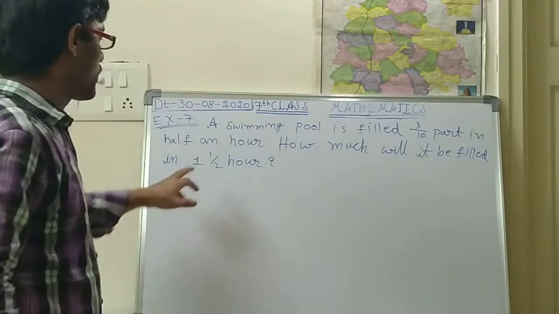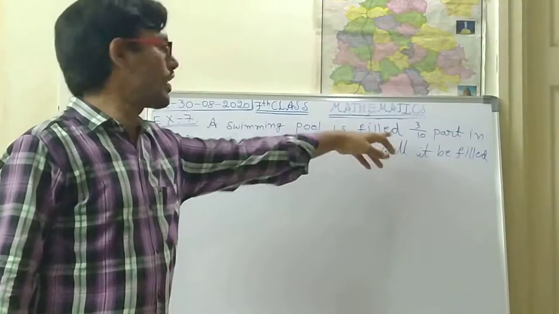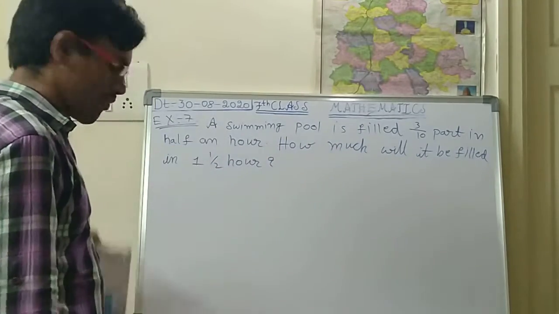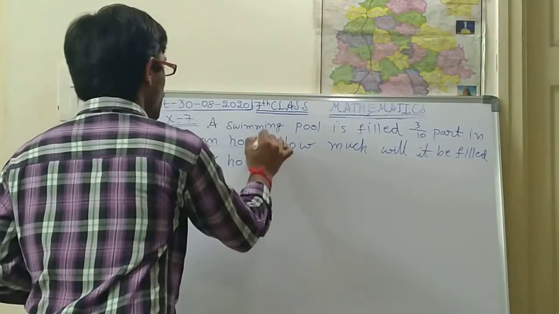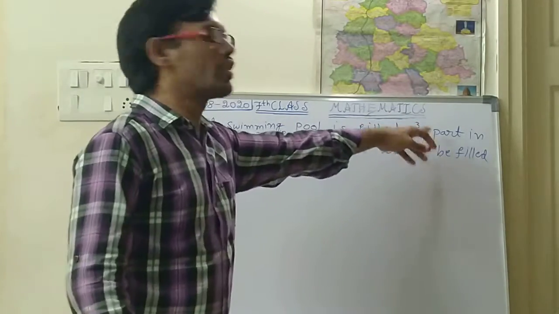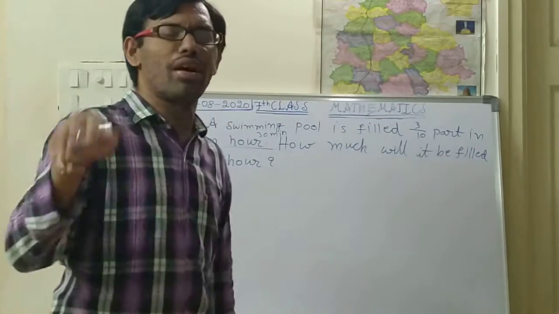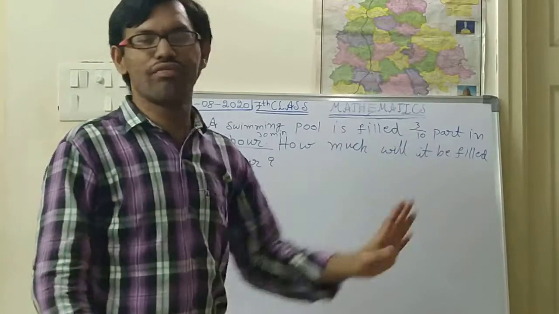Okay, so see children, a swimming pool is filled 3/10 part in half an hour. Half an hour means in 30 minutes. In 30 minutes, a swimming pool is filled with 3/10 part. Of the total swimming pool area, 3/10 part is filled, it seems.